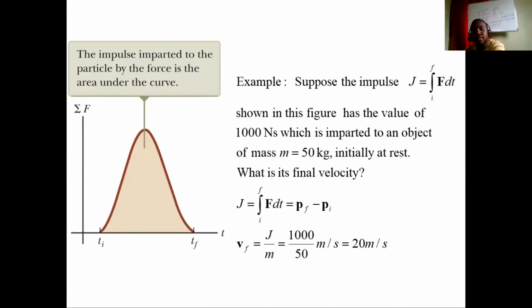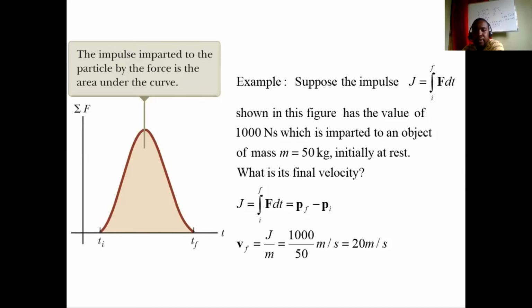And in this case, the shape that you use to find this would more likely be a triangle, right? So even though it's a curve, it would be an estimated impulse because you're going to use the equation of a triangle to find the area of that section.